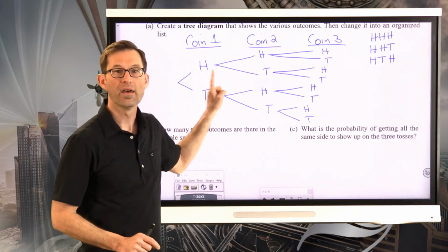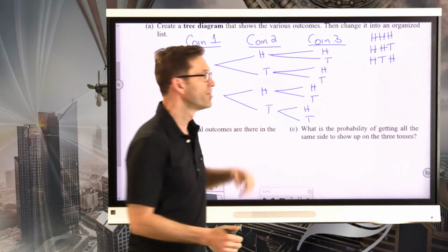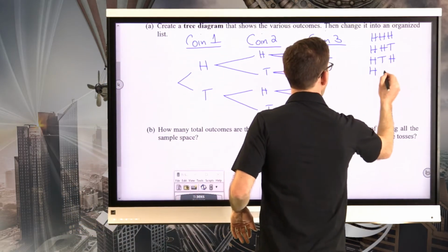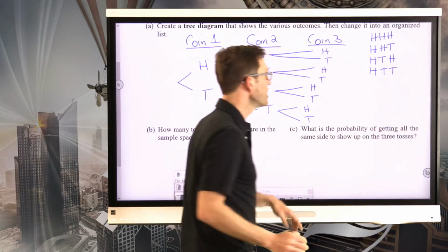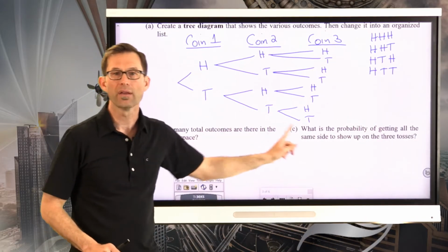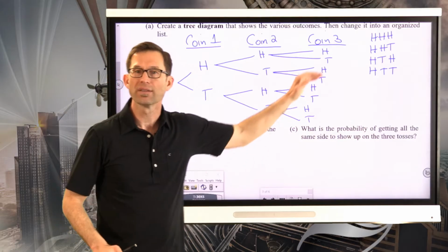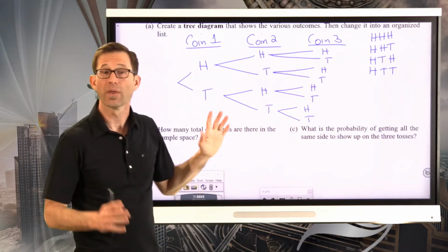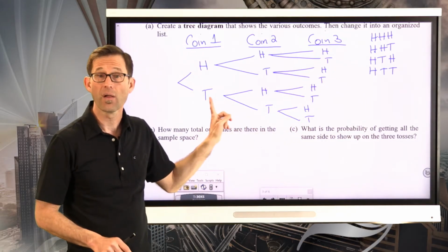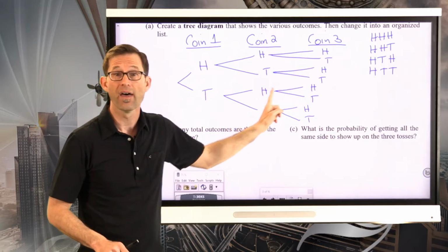Then I could have a head, a tail, and a tail. Now, by the way, I'm listing these, but it's okay if I started down here. It wouldn't matter. I just need to get them all listed, an organized list. Then I could have a tail on the first one, a tail, a head, and a head.